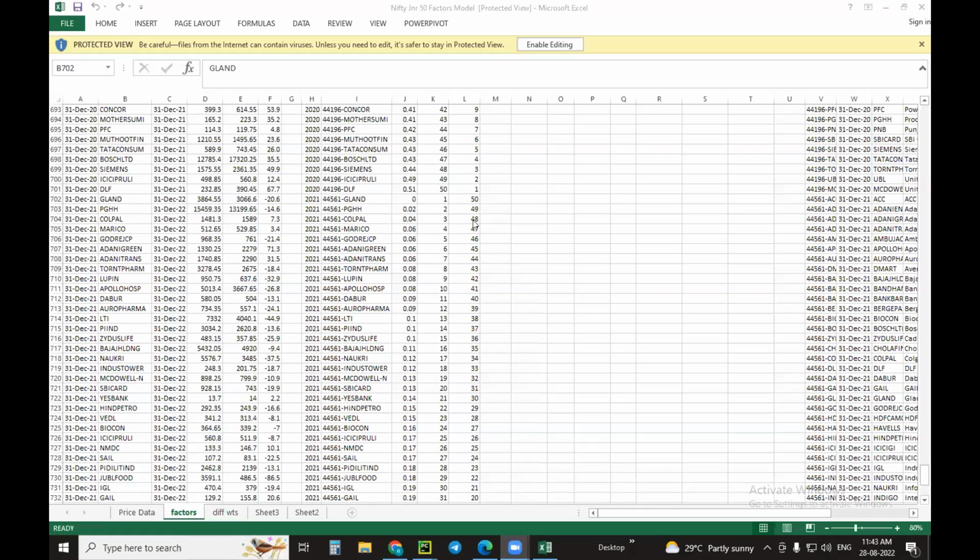Yeah, I replace that file. Thanks, Cora. Yeah, Rachit, what happened? Is my screen visible? Yes, you can enable editing.